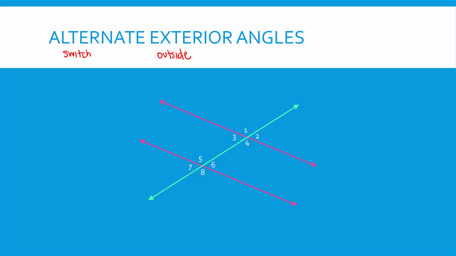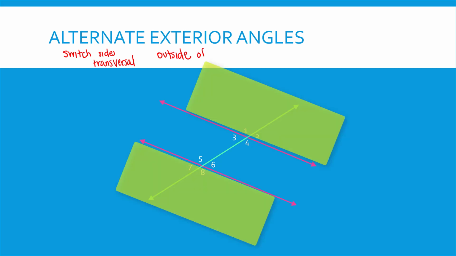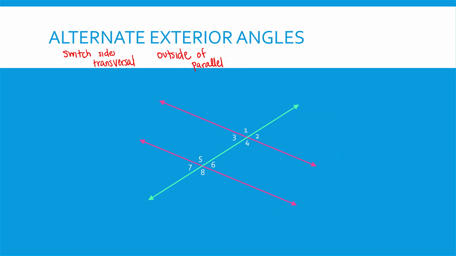So what this means for us is we are going to switch sides of our transversal, and we're going to be on the outside of the parallel lines. In this diagram, we have all of our angles numbered, so it's easy to talk about them. So switch sides of that mint green transversal, okay? And then we want to be on the outside.